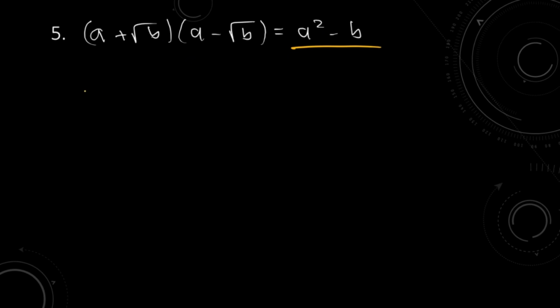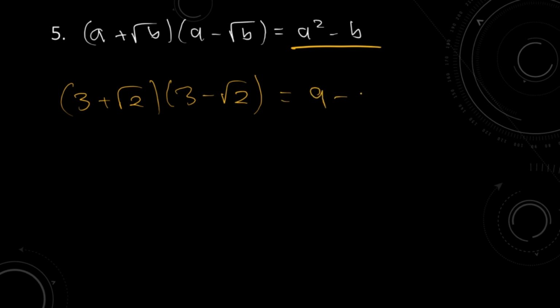For example, if you had 3 plus square root 2 times 3 minus square root 2, you expand the brackets, and this will give you 9 minus 2, which is 7. How did I calculate this? By simply using this rule.